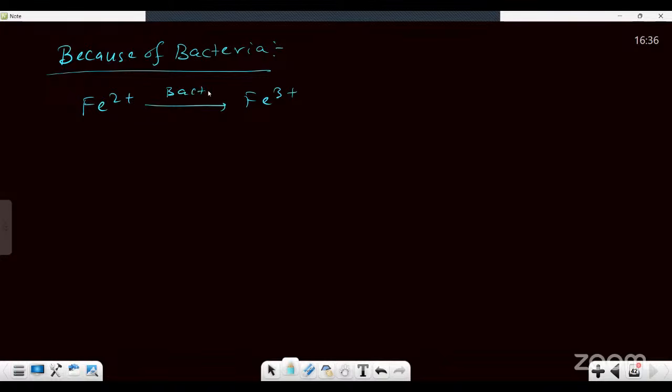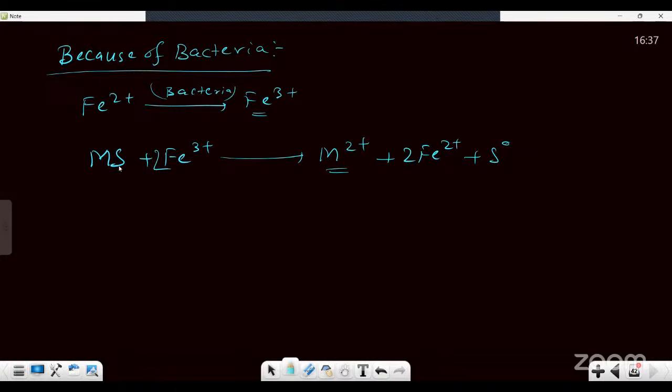So there is no lack of Fe3+ ions. More Fe3+ ions are present, so more conversion of M2+ takes place, and this thing is going to continue.